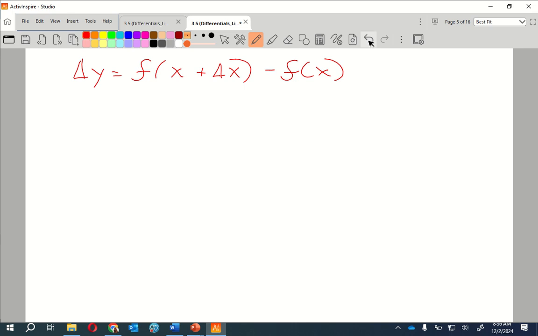Alright, so I'm going to plug in my values. So I have the value of when x equals 0 and delta x was 0.5. So that's f of 0 plus 0.5 minus f of 0.